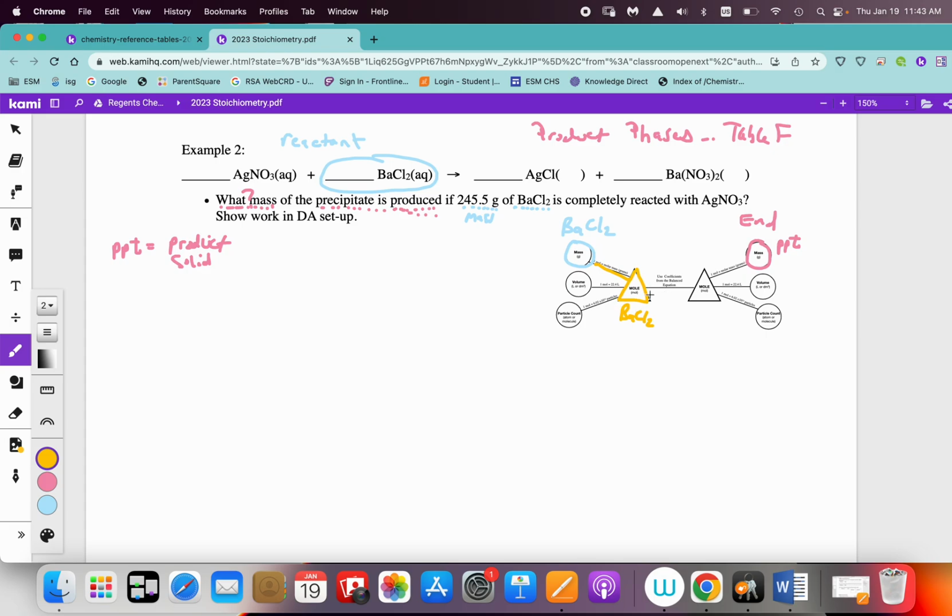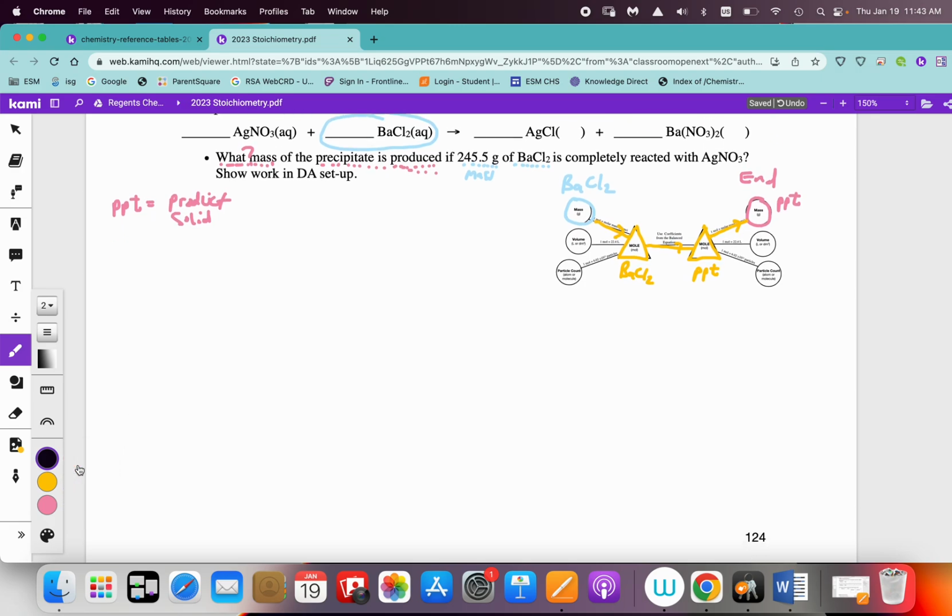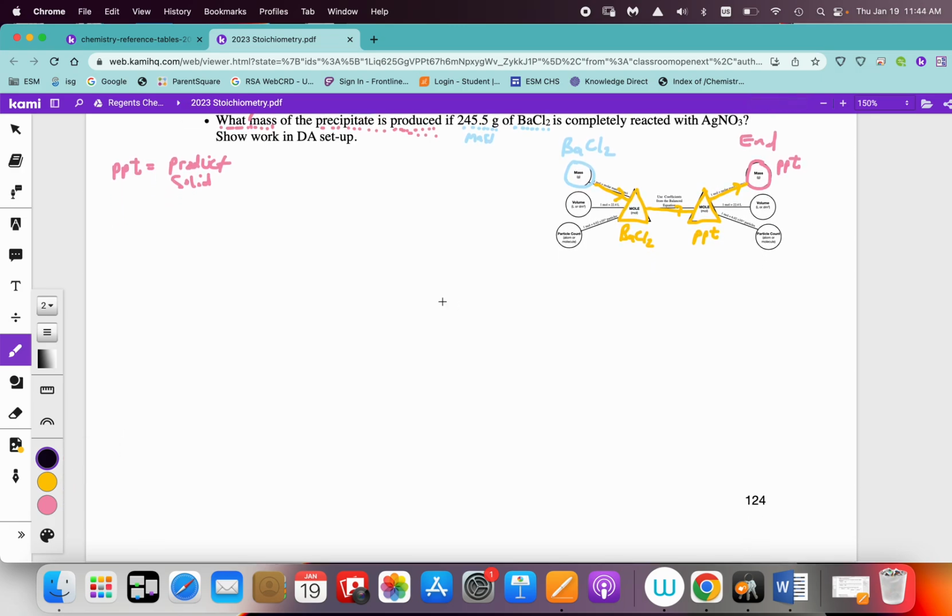Once I know the moles of barium chloride, I can then change that into the moles of the substance of interest, which is the precipitate. I don't know which one's the precipitate yet. And then I've got to get to the mass of the precipitate. So I can get some general stuff done here and get myself set up.